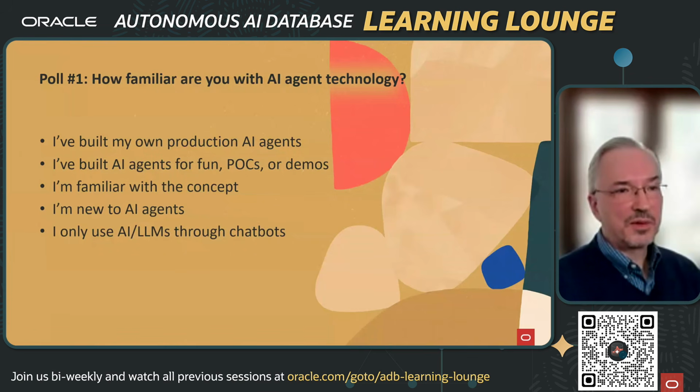We've got the majority being familiar with the concept, at about 43% there. About 25% are new to AI agents, and less than 10% have only used AI through chatbots. And a good number have also built their own production AI agents, and even built agents for POCs and demos. So this is really great. It's good that we have a good mix for the audience. I think you'll get a lot out of this.